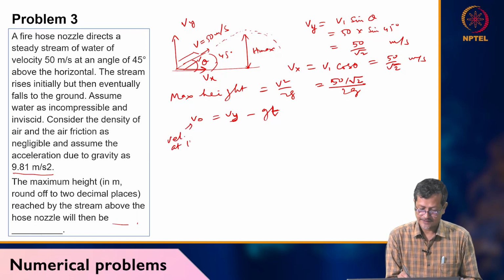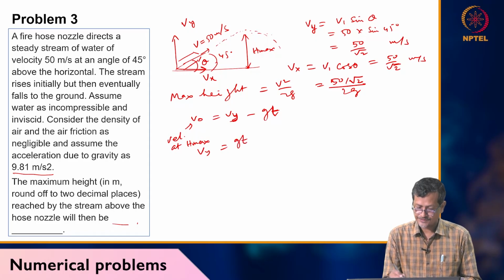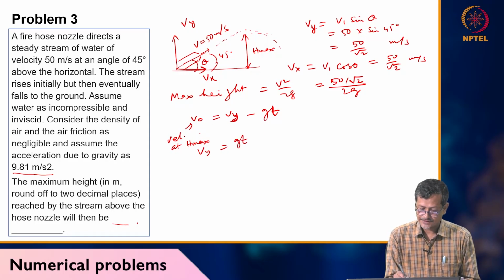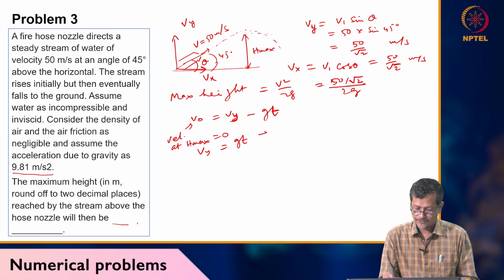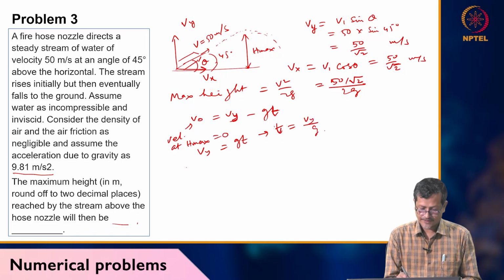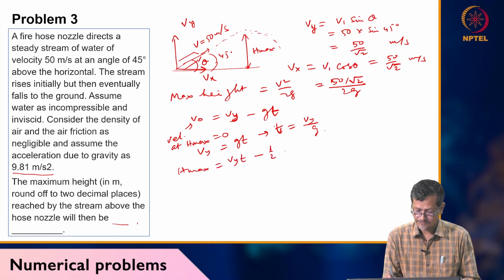Since the velocity at h max equals 0, vy equals gt. Now t becomes vy by g, so h max equals vy t minus half g t square.